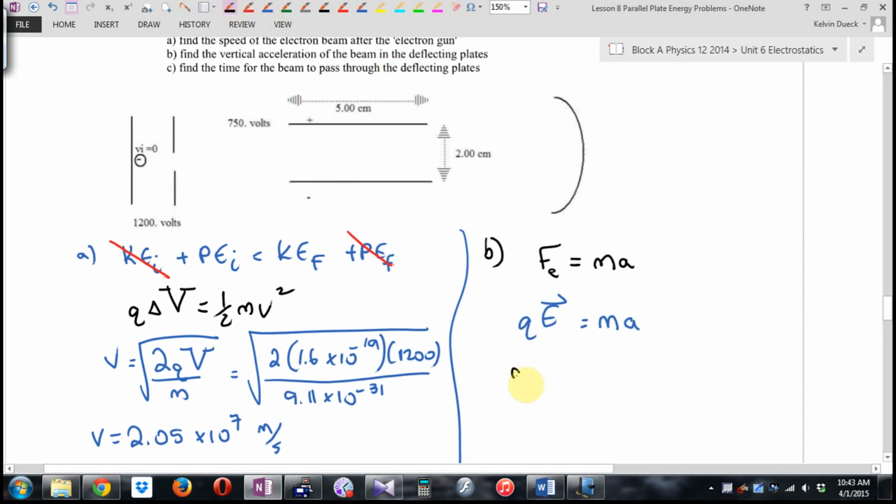A is going to be QE over M. I don't know the electric field. Or do I? Can I figure out the electric field? It's going to be Q, M on the bottom, but electric field between plates is the voltage divided by the distance.